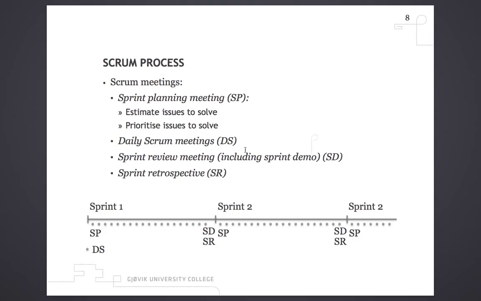SP on the left side there, that's the sprint planning meeting. You should hold a sprint planning meeting at the start of every sprint, where you estimate issues solved and you prioritize issues to solve in that sprint. You see?